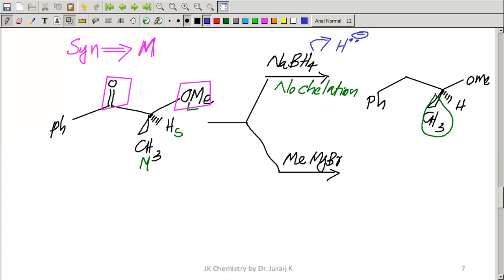Your nucleophile is H minus. So it will be in the same position as the medium group. So the medium group is in wedge, your nucleophile will be in wedge, and OH will be in dash. So this is the major product here, right?